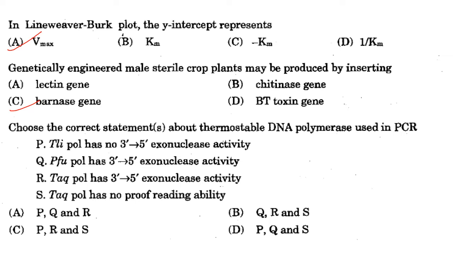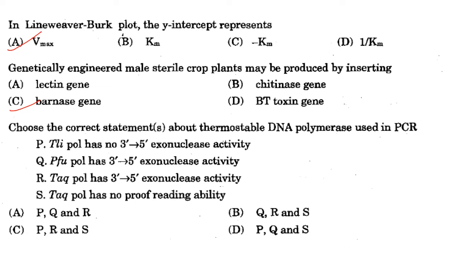Now choose the correct statements about thermostable DNA polymerase used in PCR. So they have given different polymerases that are used in PCR, and we have to choose the correct statement about these thermostable DNA polymerases. So Tli pol has no 3' 5' exonuclease activity. It has 3' 5' exonuclease activity.